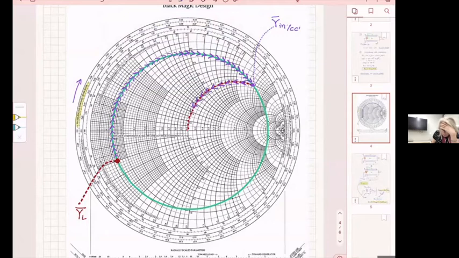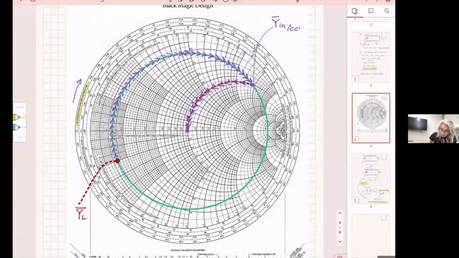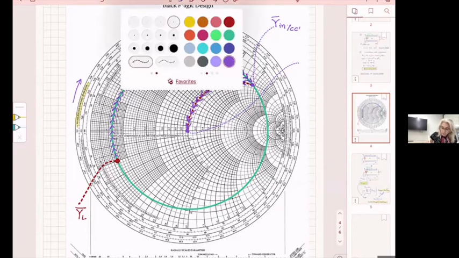I just show that I'm changing the reactive part of my impedance, which means that while I'm going from y in CC prime to the center of the Smith chart, that point at the center is going to be my y in at BB prime, which is normalized 1.